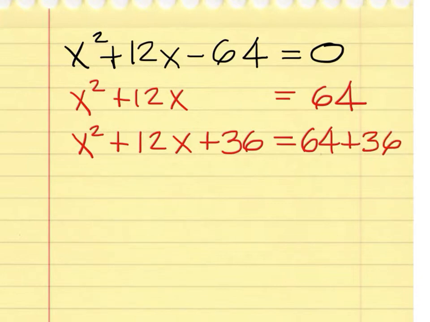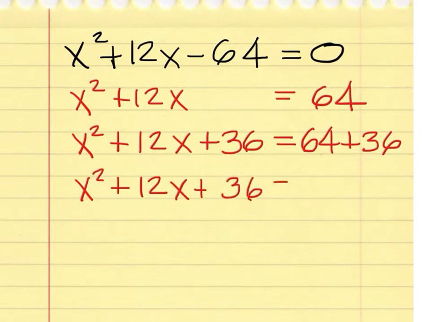That is right. Okay, so on the left-hand side, we have x squared plus 12x plus 36 equals what, Bailey? It would equal 64. No. Wait, what I said. It'd be 100. That is right.